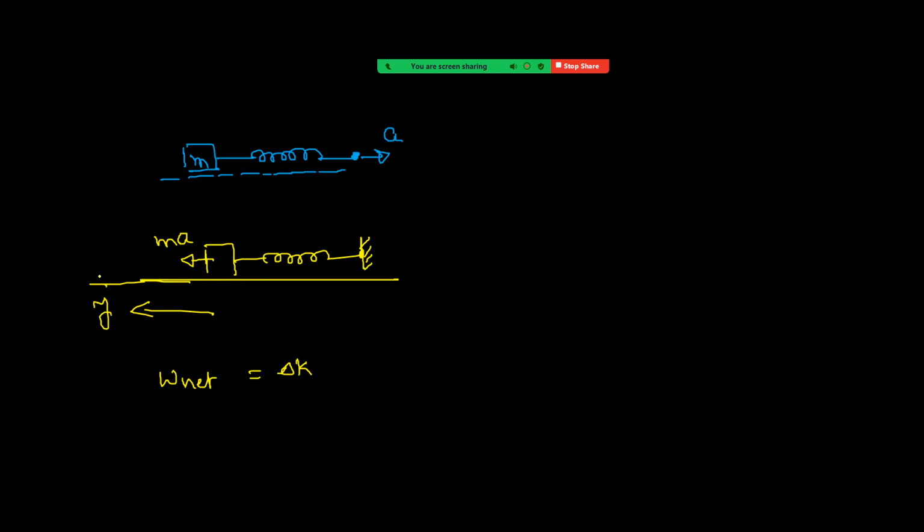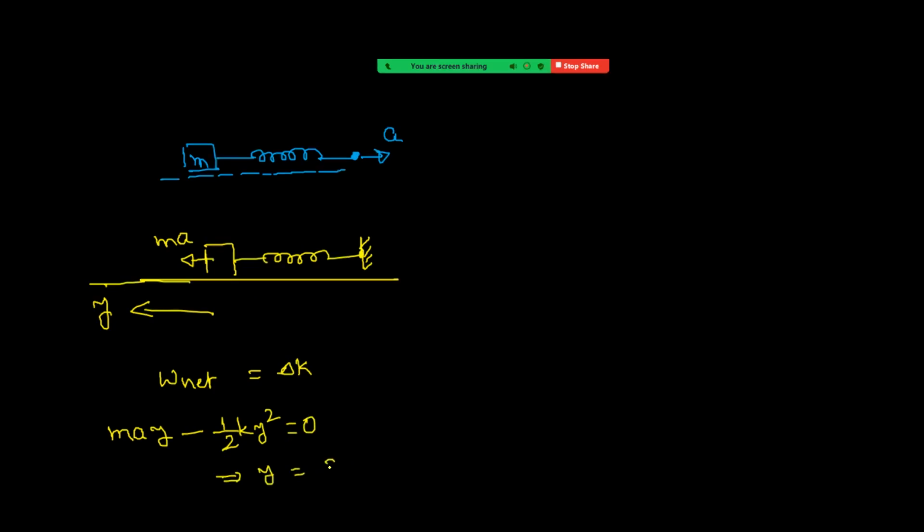Finally, it comes to rest temporarily, again K value 0. So delta K is 0. Okay. So by pseudo force, work done is a constant force directly m into a into y. By spring force, negative work is done because when the block moves left side, spring force is right side. So minus half ky square equal to 0.